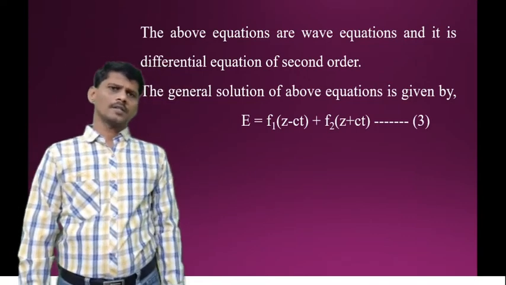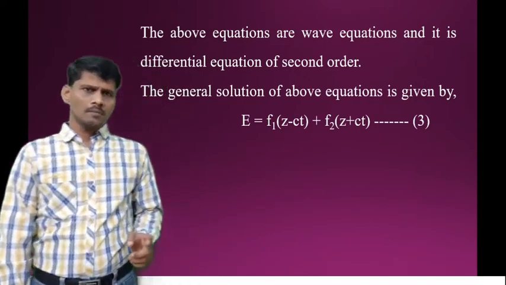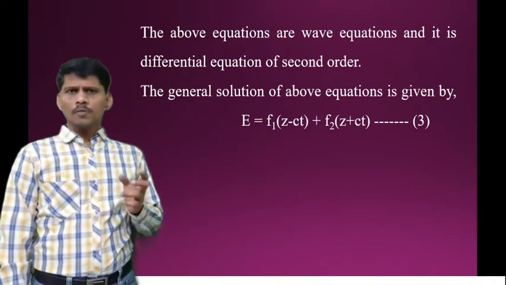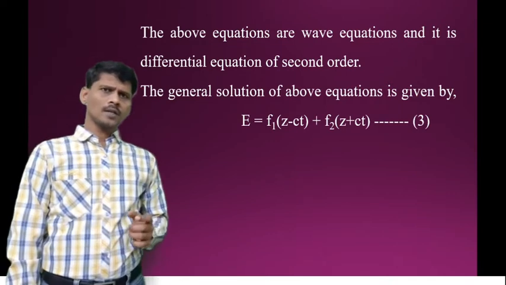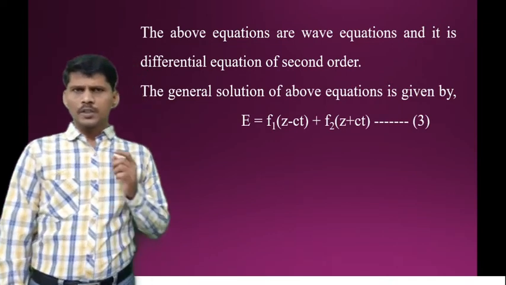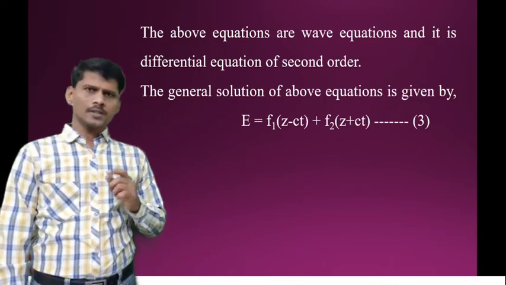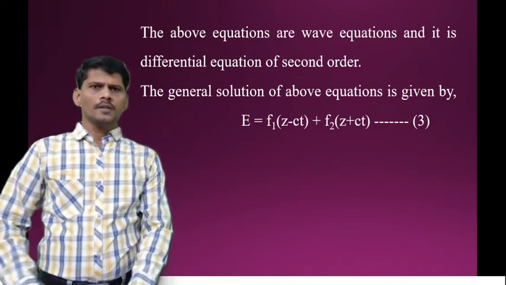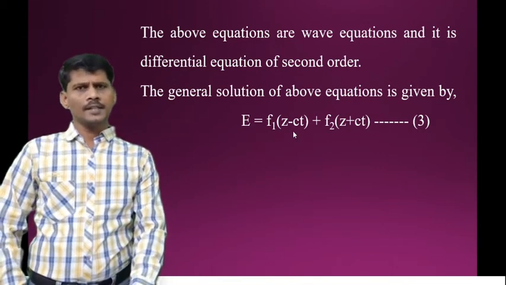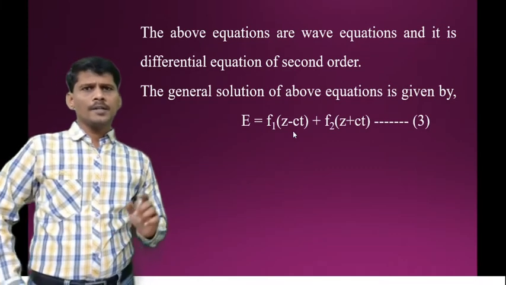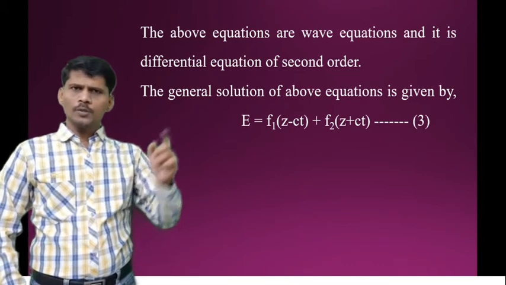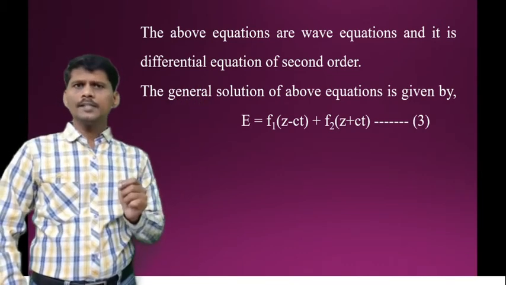In this equation, F1 and F2 are functions of z minus Ct and z plus Ct. The first term, F1 of z minus Ct, indicates the wave is traveling in the positive z direction, the forward direction.